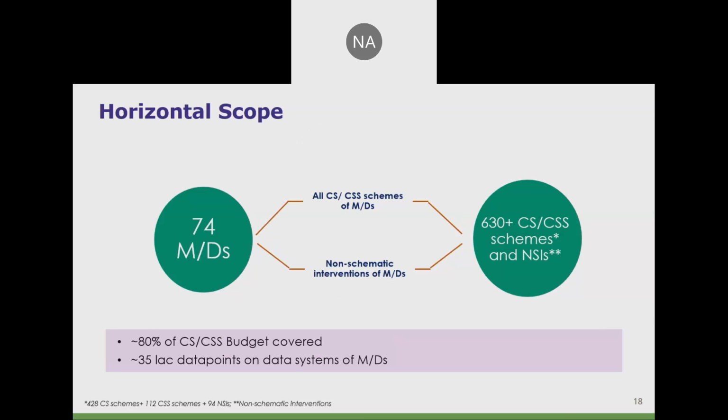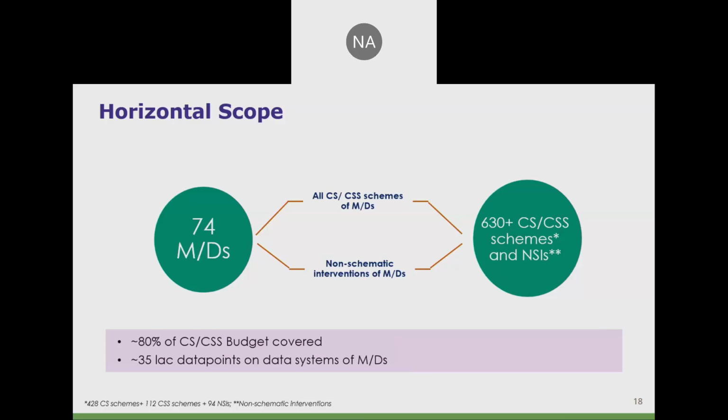Scope of the exercise. We covered all the 74 ministries and departments of the government of India, and as a part of this DGQI, the data maturity was assessed for over 630 central sector and centrally sponsored schemes, as well as certain non-schematic interventions of the ministries. Non-schematic interventions are digital systems for their implementation and monitoring.